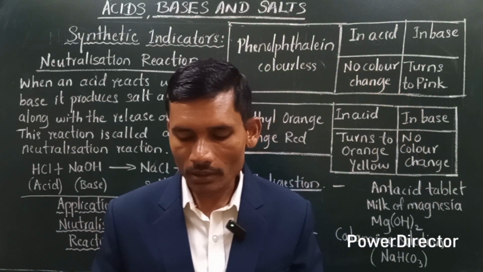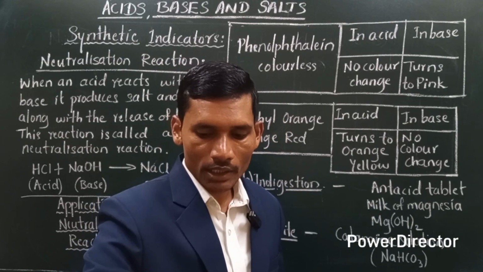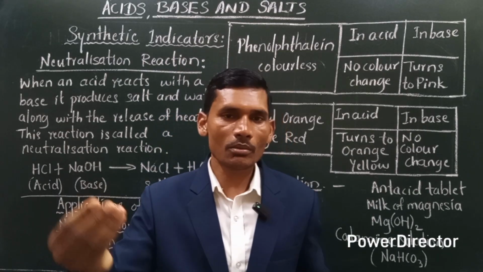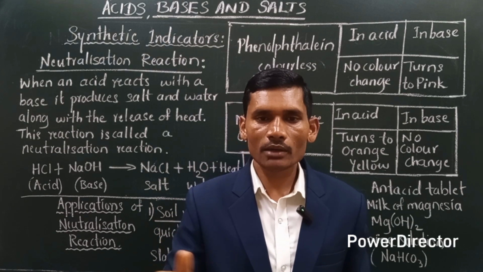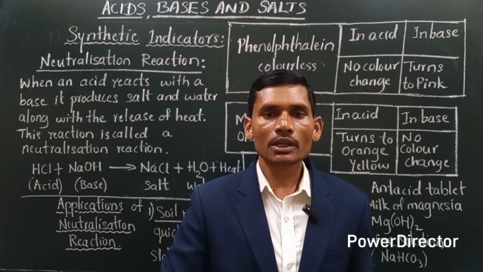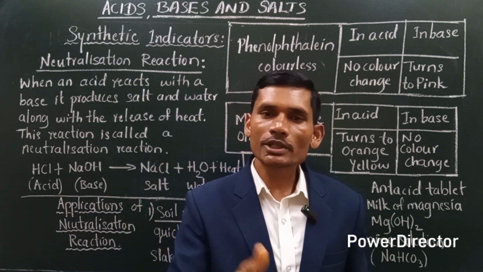Because of this, sometimes if you have gone to attend any programs and by mistake sambar gets applied to your shirt or dress, it is yellowish in color. After coming home, as soon as you apply soap to wash it, it turns red. That means soap is also a base.